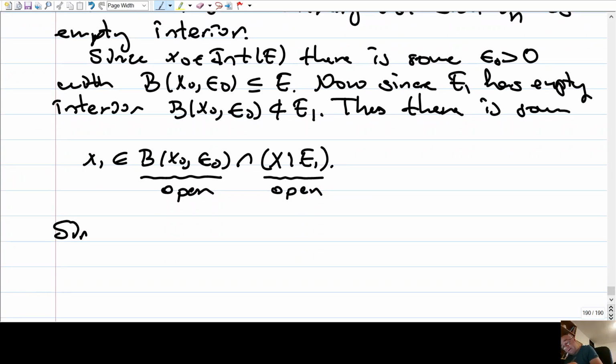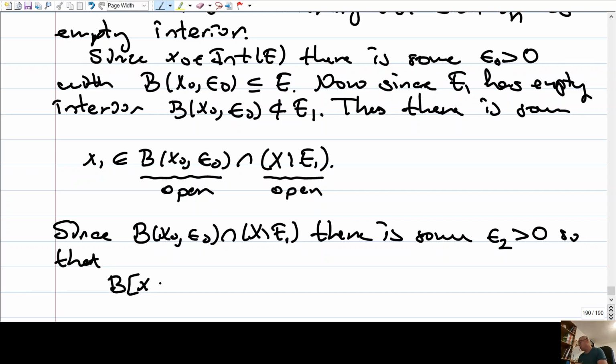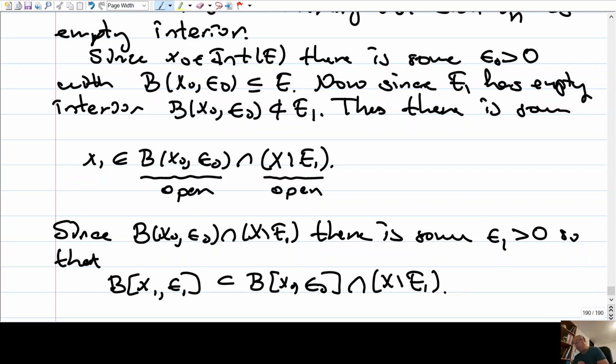Since this set is open, and x1 is here, there is some epsilon, sorry, not epsilon 2, epsilon 1, since we started with epsilon 0, so that this ball B(x1, epsilon 1) is inside this open set, so this ball should lie inside B(x0, epsilon 0) intersection X minus E1.